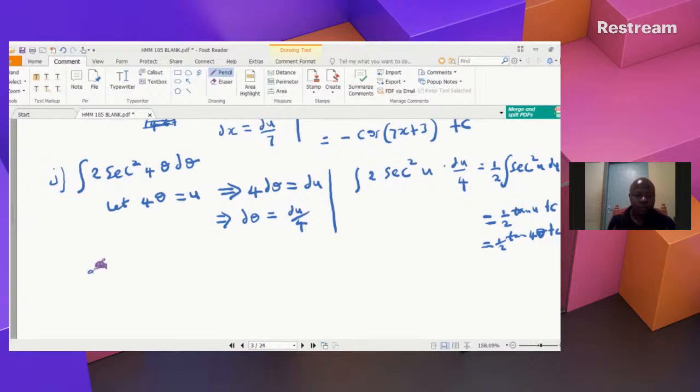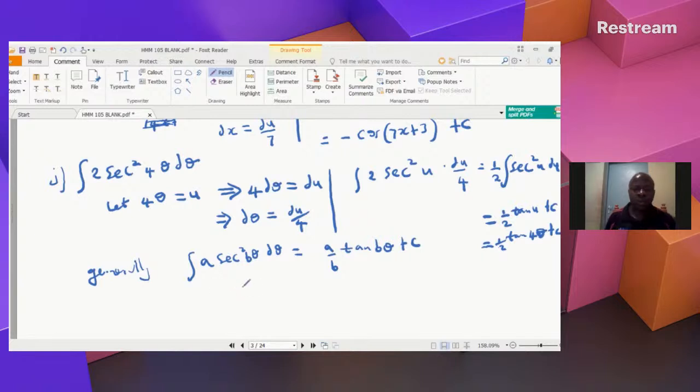So generally, the integral of a sec squared b theta d theta will be a out of b tan b theta plus the constant of integration.